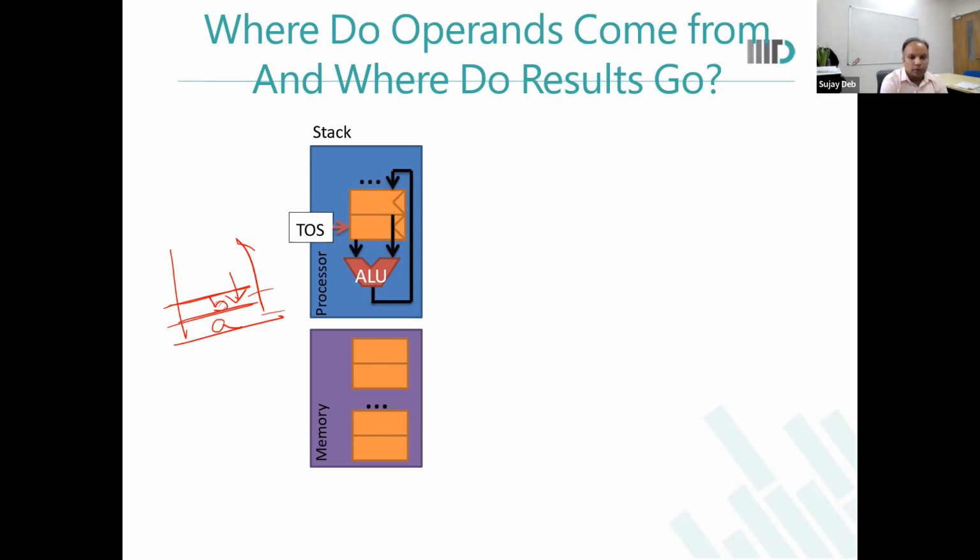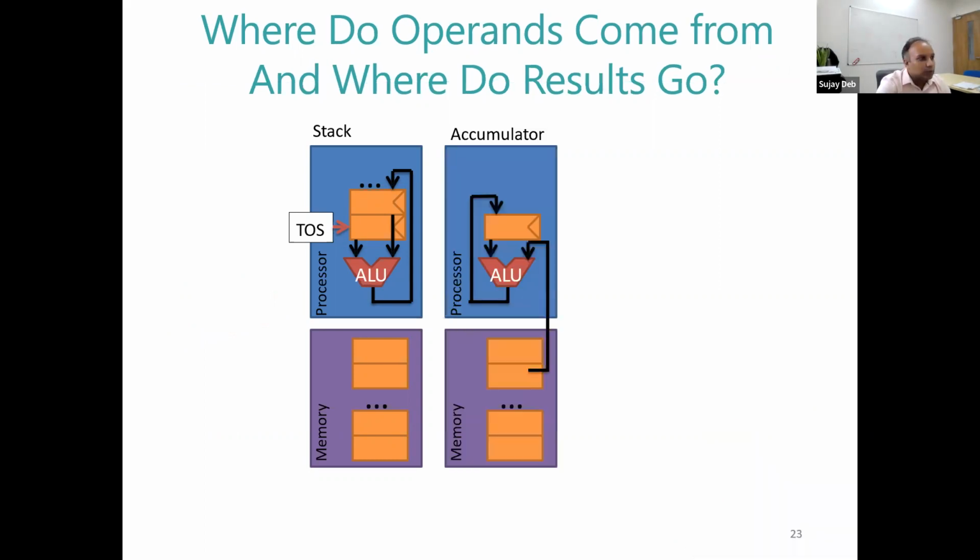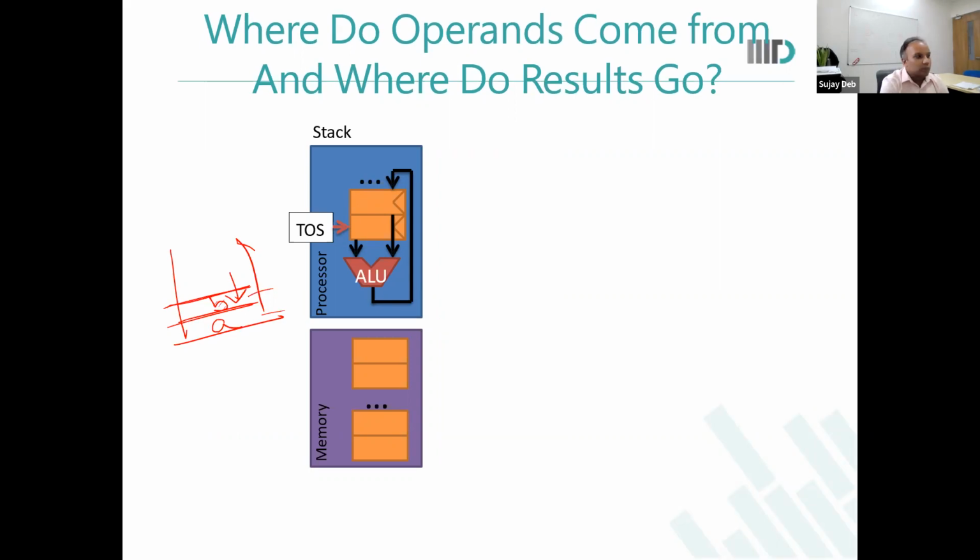Okay, we'll come to that. Basically in this case, if I want to write the code to do this operation, I'll just write push A. Push A will put A at the top of the stack.